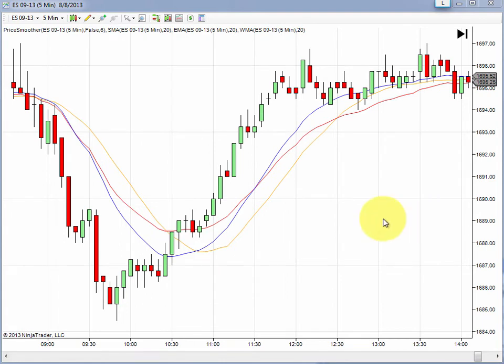You see that the WMA has a bottom just slightly before the EMA, but it's still delayed, about 10:25 as opposed to 9:45 with the PriceSmoother. And so we see those things are all showing a delay. Even when price begins to move sideways starting around 12 o'clock noon, the moving averages don't begin to smooth out until about 1:30.